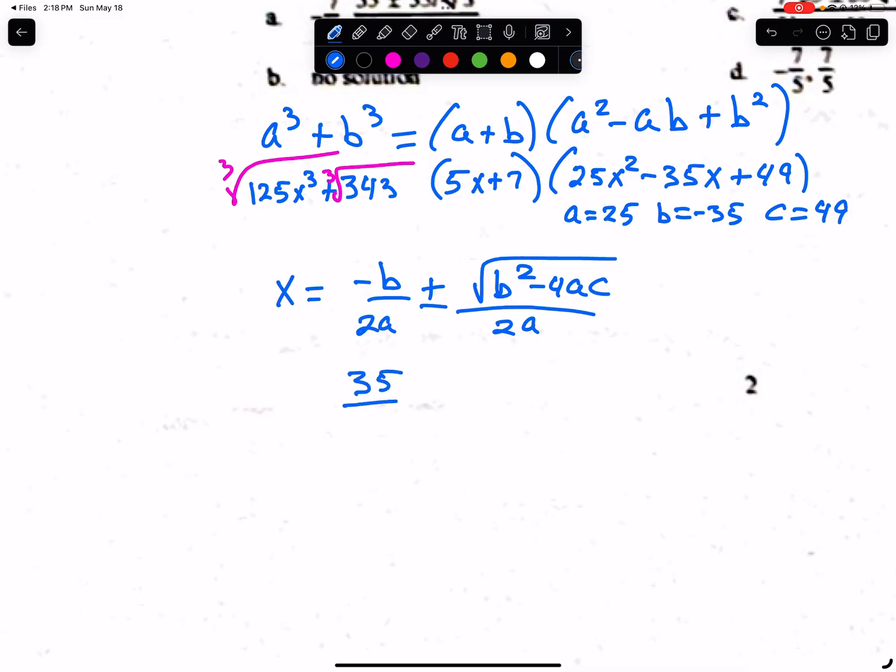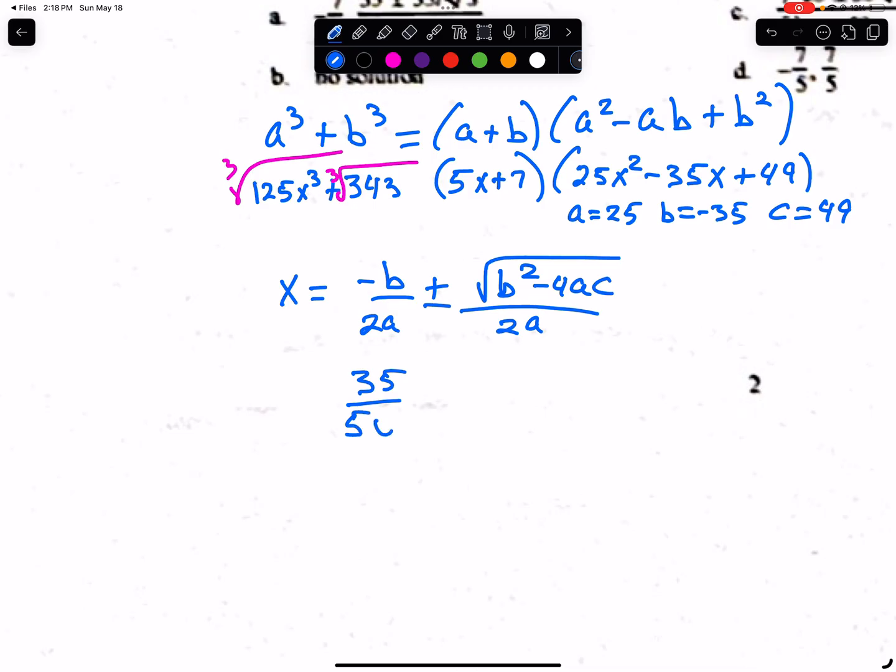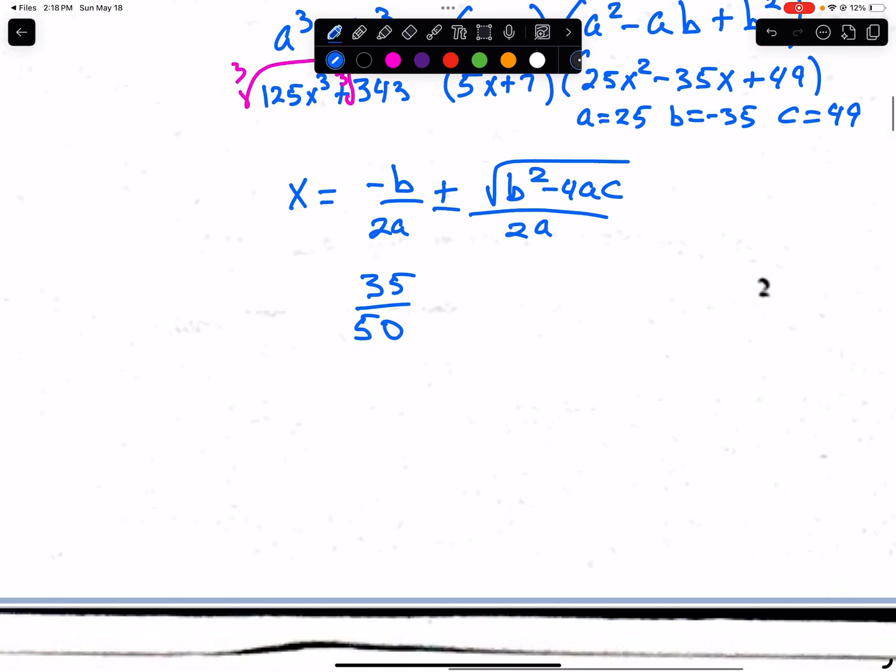2 times a is 2 times 25, which is 50. So 35 over 50, I can divide 5 into top and bottom, becomes 7 over 10. So I'm reducing already, right? So I can just not mess with it. Then we have plus or minus the square root of 35 squared, a number I don't know. 35 squared is 1,225.